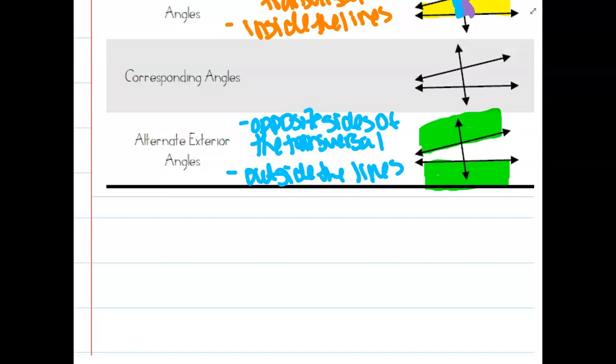So the alternate part means I need to pick one angle on the left. The other angle is going to be on the right, but they do need to be on the outside of your lines. So that would be one set of alternate exterior angles. The other one would be the top right and then the bottom left down there. Alternate exterior angles.